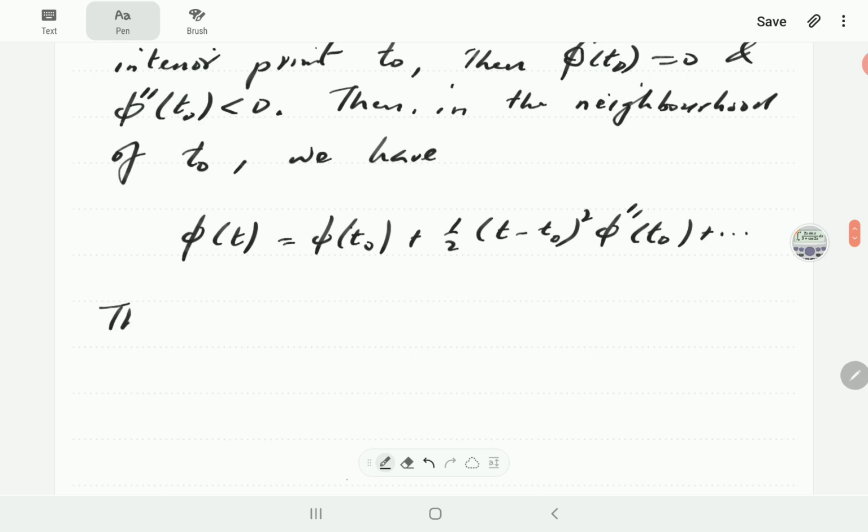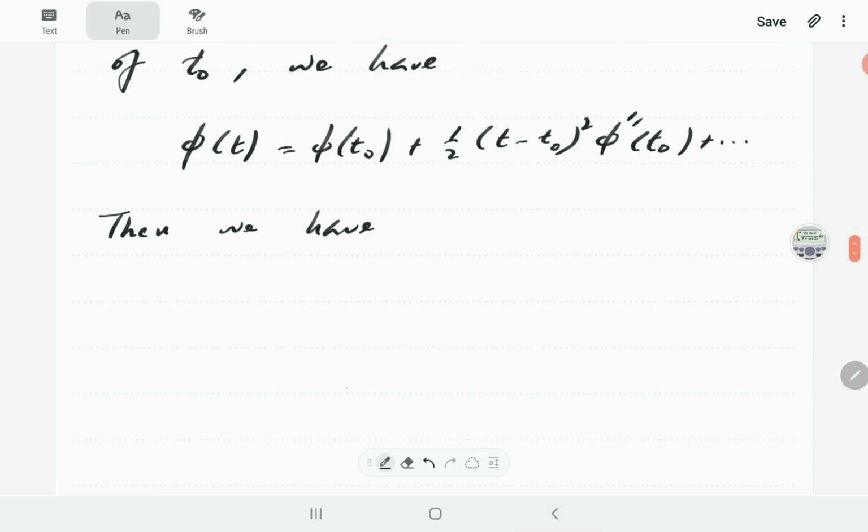then the integral is going to take the following shape. So we've got the integral from a to b, f of t e to the lambda phi of t dt.